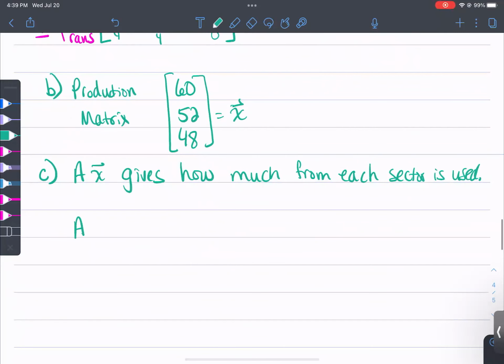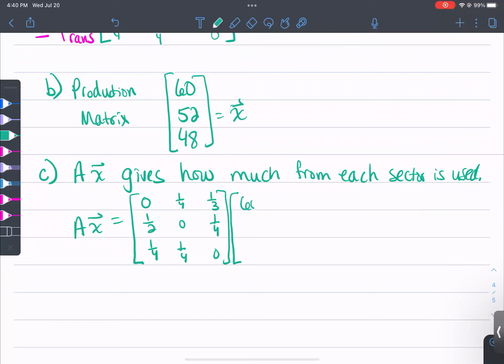So we're going to multiply A times X. So copying down my A matrix, multiplying that by the production matrix.